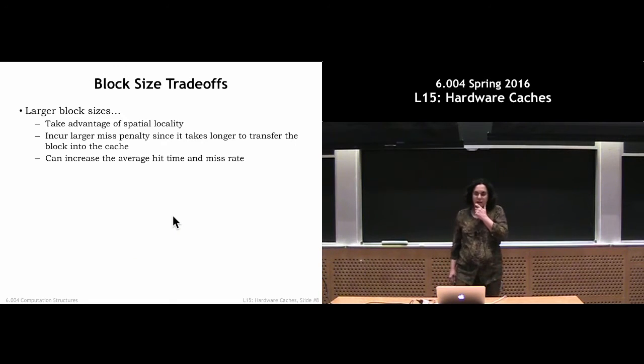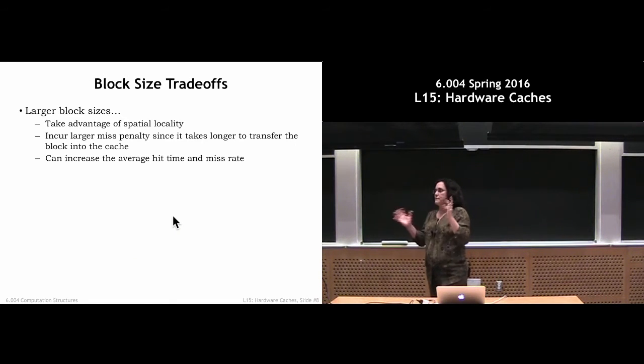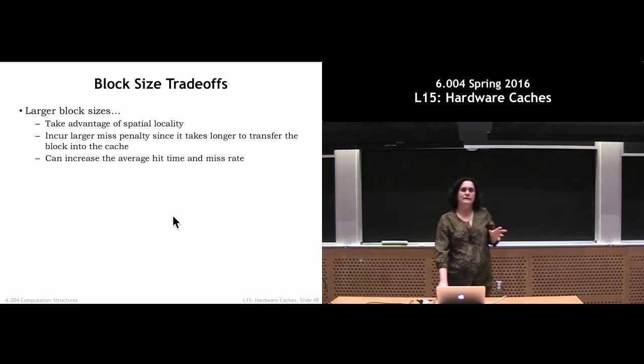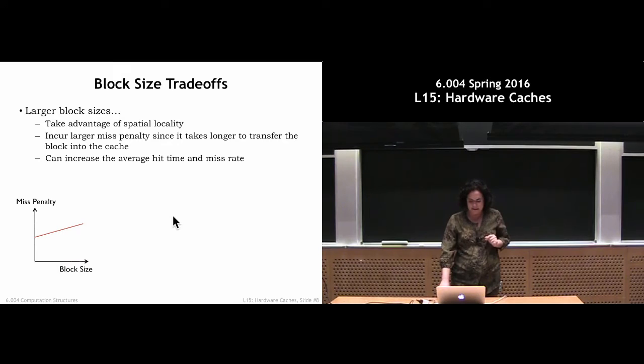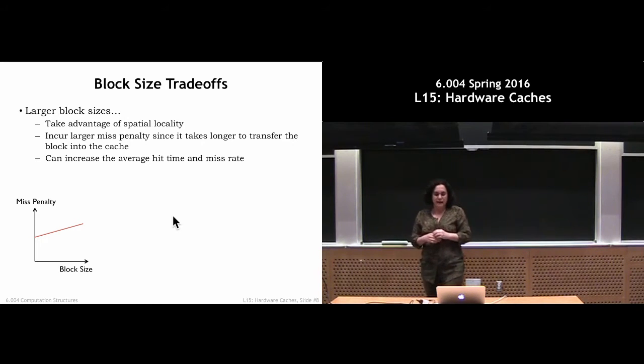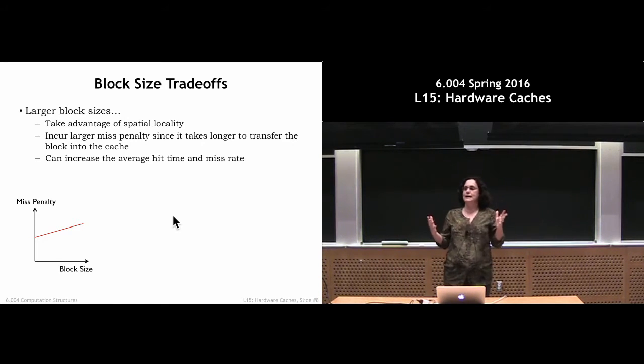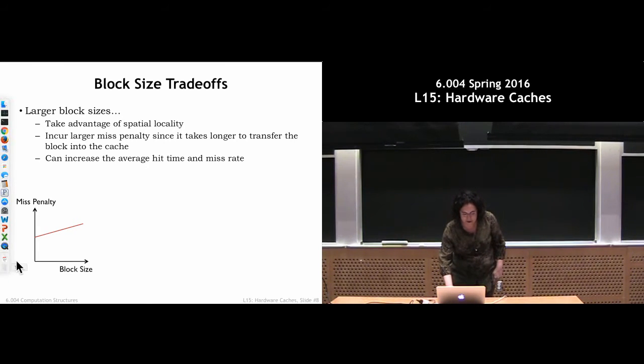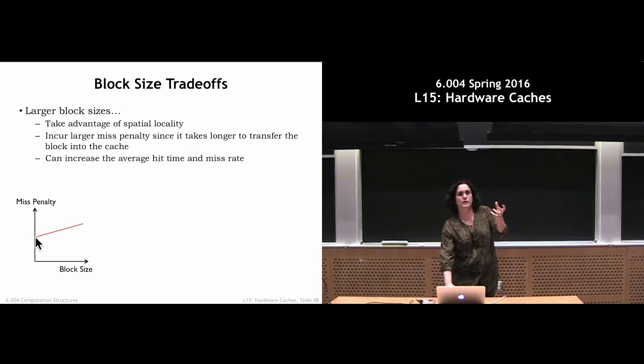Okay, so we already talked a little bit about the trade-offs of having larger block sizes. Let's look a little bit more concretely at this. If I bring in 1 block from memory versus, say, 4 blocks, I'm not going to pay 4 times as much to bring that data in from memory. There is this overhead, the amount it takes me to bring that first word from memory.